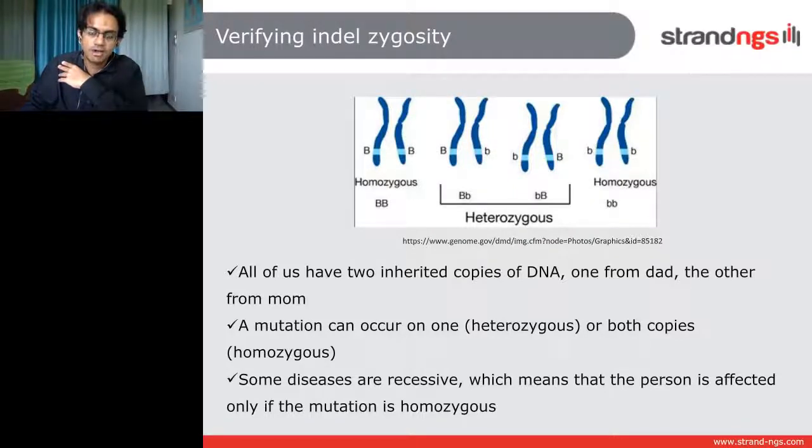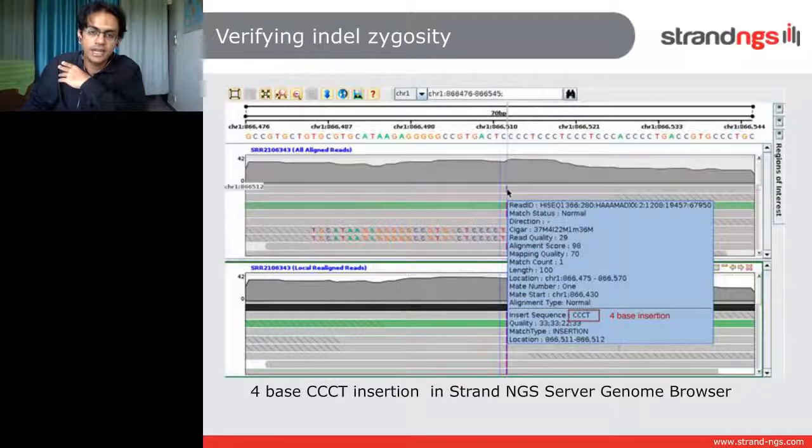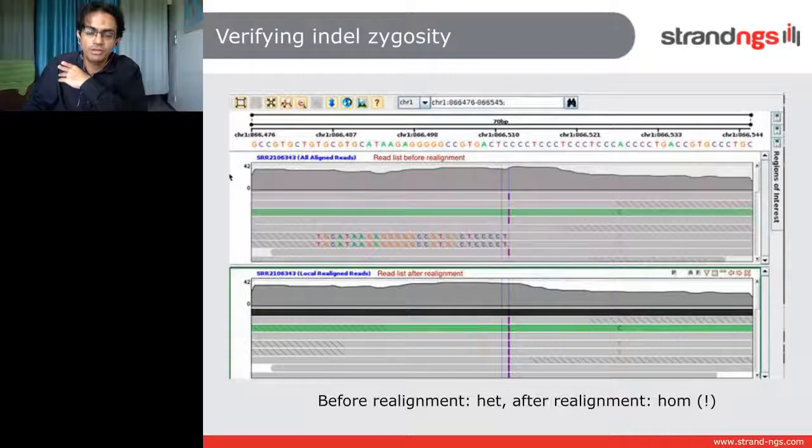So you see that on top, before realignment, you actually have about half the reads supporting the mutation, which might lead one to conclude that this is only occurring on one of the two copies, not both. But if you actually go ahead and do realignment, which you may have neglected to do because maybe you didn't set up your pipeline with realignment in it, or for some other reason, you can actually verify that the zygosity is on both copies, and it does occur on both, the one you inherited from your dad and the other one you inherited from your mom.